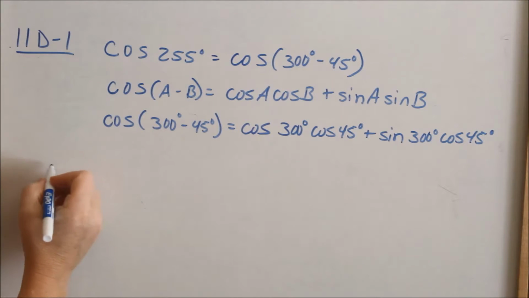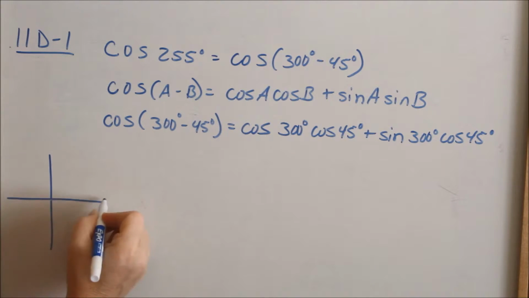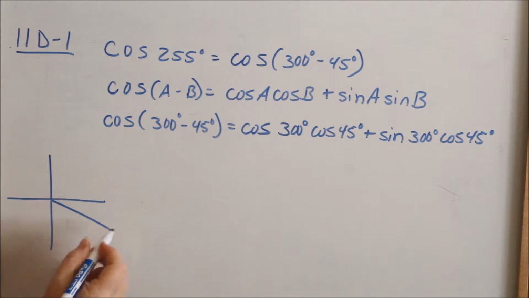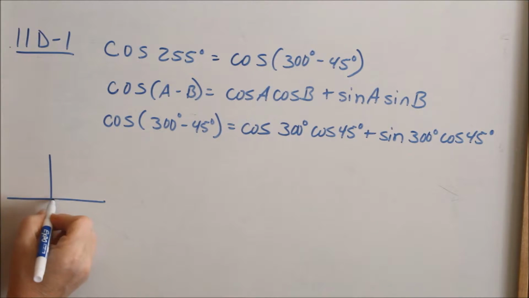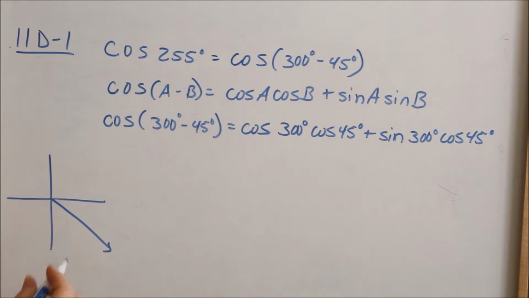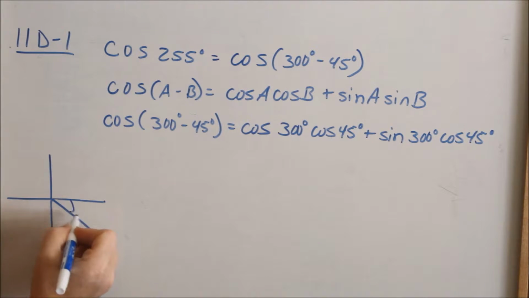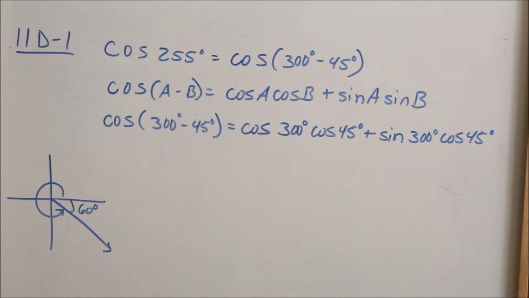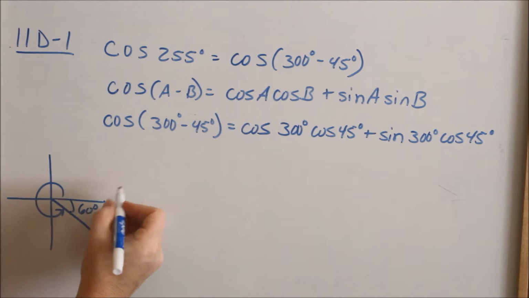Okay, so if I drew a little graph, 300 degrees is in quadrant 4. So there's 300 degrees, which means my reference angle is 60 degrees. So my reference angle is 60.